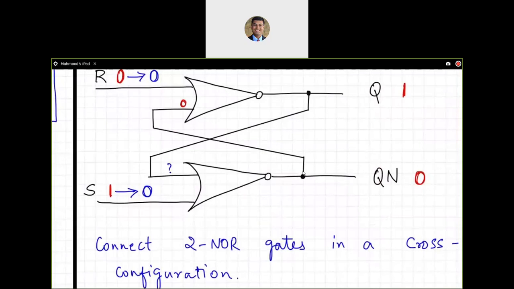Well, the answer to that is, I have changed this particular input to a 0. However, there is still some time before this can change because this changes depending on this, and this is still 0 and question mark. So the output over here is still not fixed. It is still a 1. So that 1 continues to appear over here.